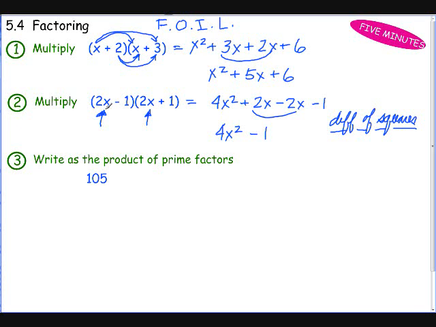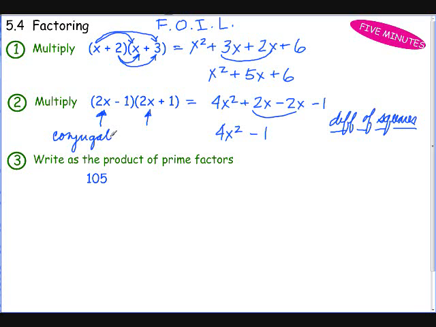Square the first term, square the last term, the second term, and then put a minus sign between them for difference of squares. This only works when you have conjugates.